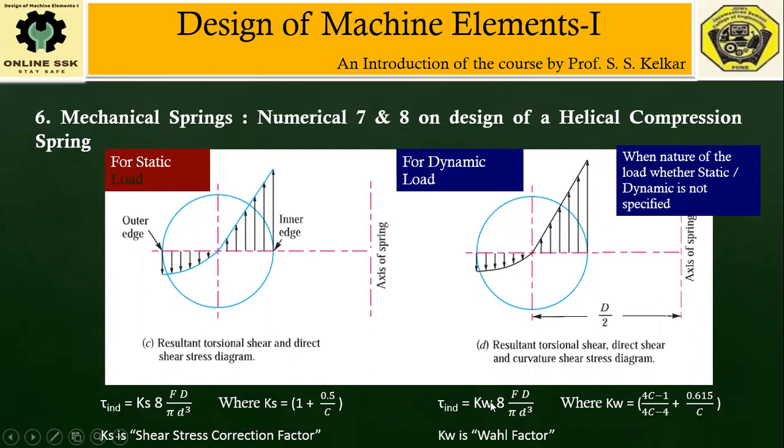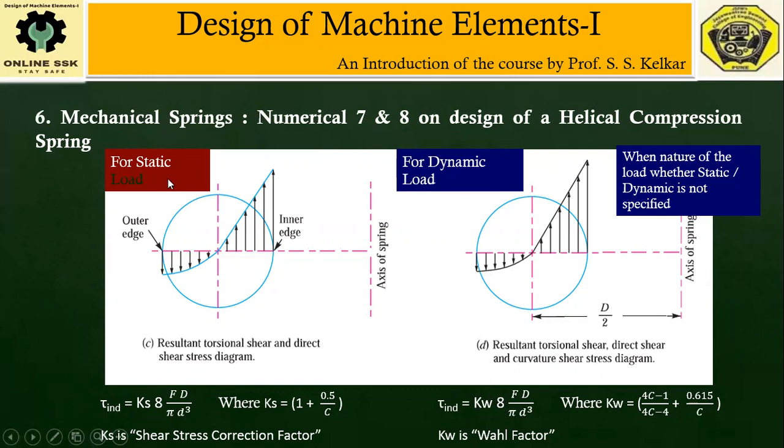To take into account the curvature effect, Ks in the formula is replaced by Kw, where Kw is called Wahl's factor, whose value is given by 4 times C minus 1 divided by 4 times C minus 4, plus 0.615 upon C. If the nature of the load applied on the spring wire is dynamic, at that time we need to take into account the factor Kw.